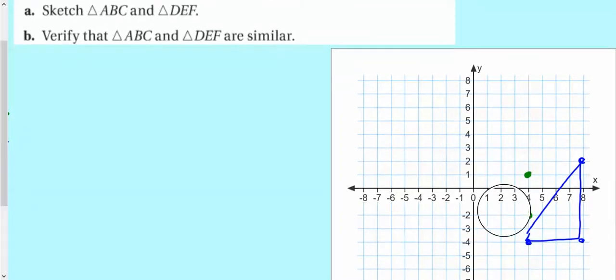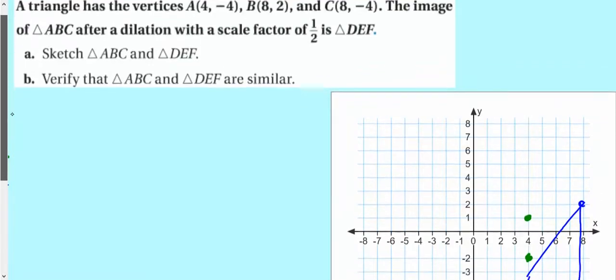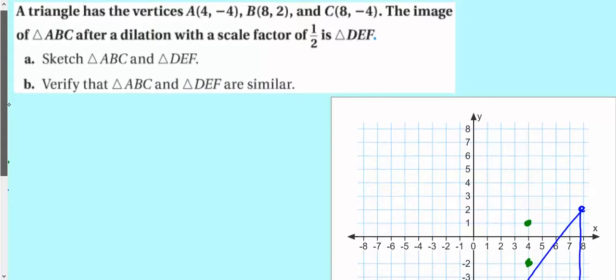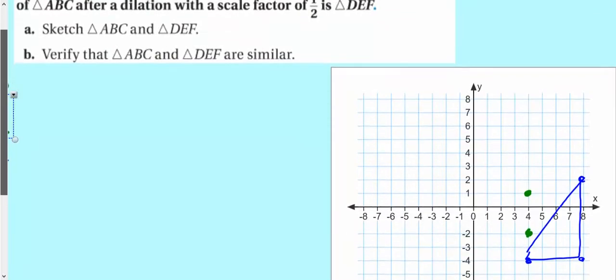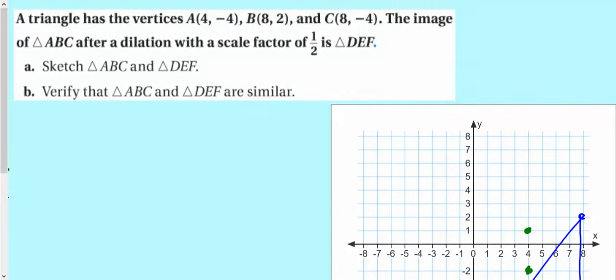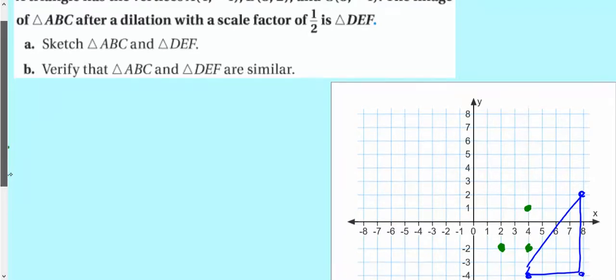I feel like I did something wrong on the original one. It was supposed to be (8, -4). I got that one. (8, 2). I got that one. (4, -4). I got that one. Okay, so let me try again. (2, -2). That's my mistake. Okay, so I got (2, -2). I got (4, 1), and I have (4, -2). Okay, now I got it right.